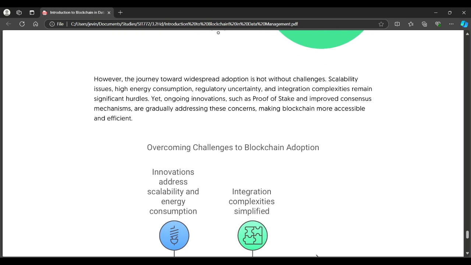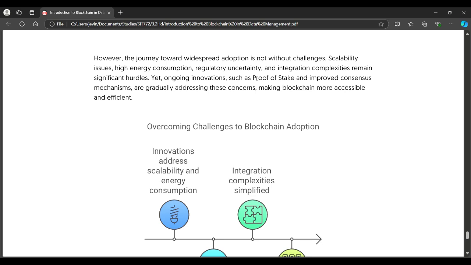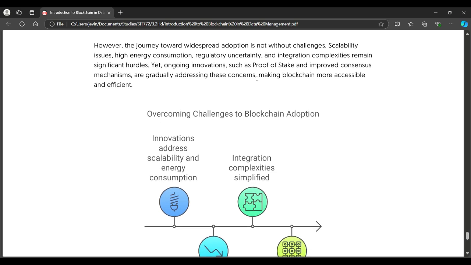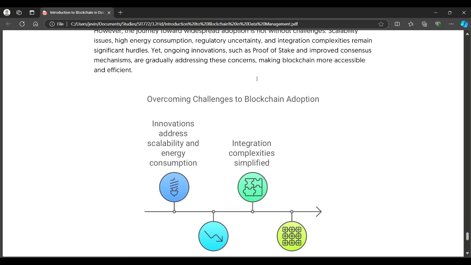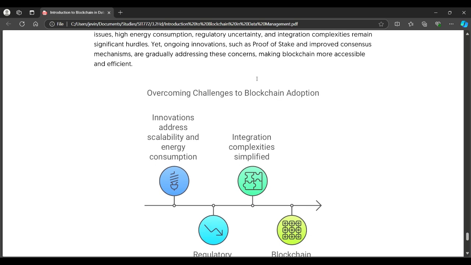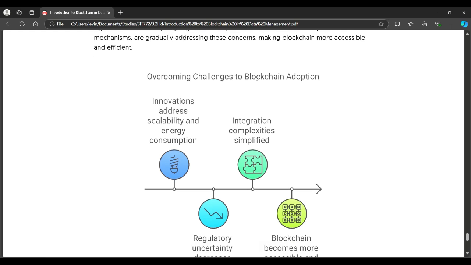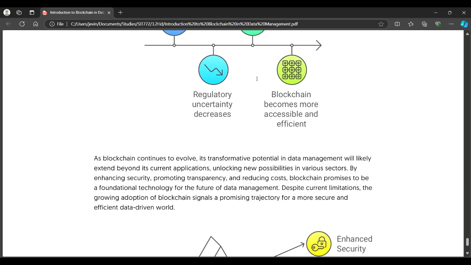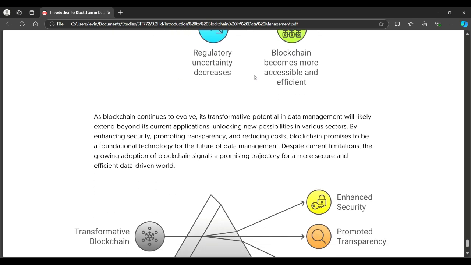However, the journey towards widespread adoption is not without challenges, because we need to improve proof of stake and scalability and its efficiency, and it needs to be regulated legally, and government and legal bodies should accept the integration of blockchain.